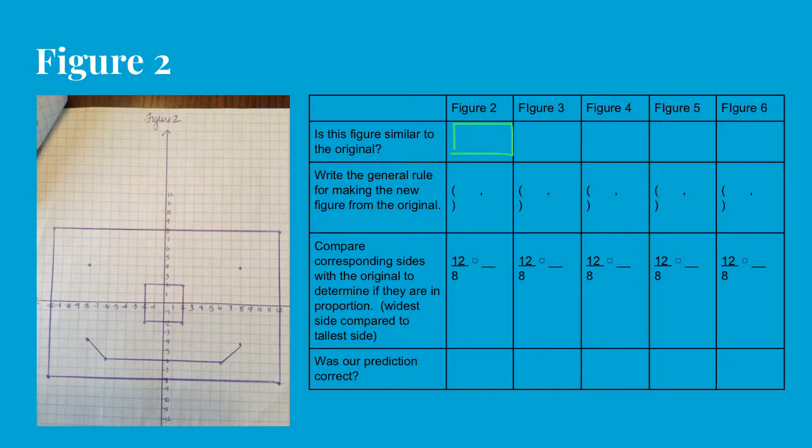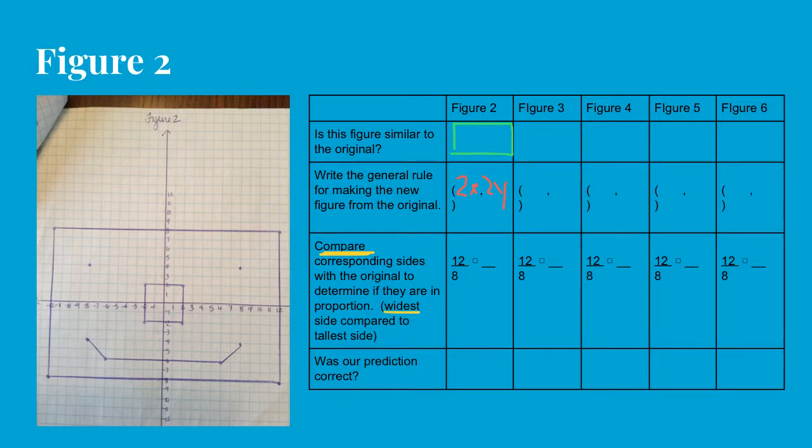But if I compare my coordinates from figure 2 to my coordinates on figure 1, you will notice that in figure 2, the x coordinates are 2 times larger. Oh, that's an x. And your y coordinates are 2 times larger. So if I wanted to compare the corresponding sides with the original to determine if they are in proportion, here's how I would do it.